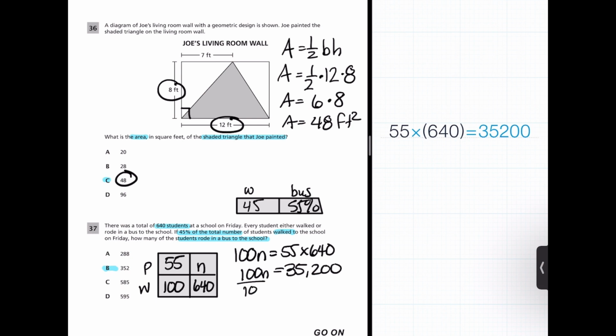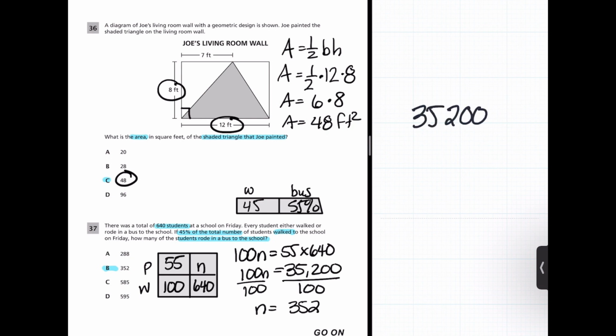I'm going to divide by 100, so I'm just left with n, and divide this by 100. Now, I don't need my calculator to know that this is 352. And that's just because I know that when I divide by 100, I'm going to move my decimal 2 times. But if you're unsure, you can always use your calculator on calculator day to double check. And you'll get the same thing, 352.